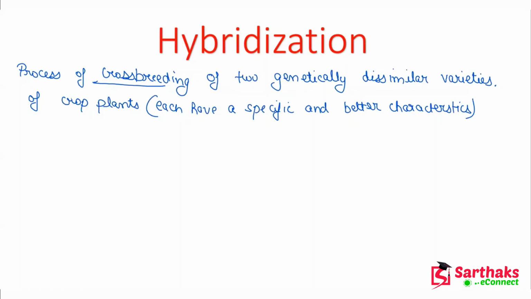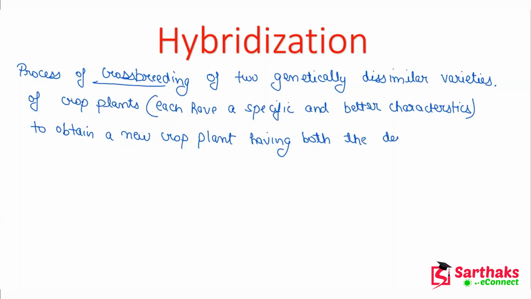To obtain a new crop plant having both the desired characteristics, this process is called hybridization, in which one parent has a specific characteristic and the other parent has a specific characteristic, and the offspring will have the characteristics of both.